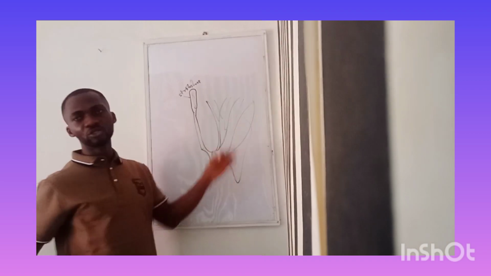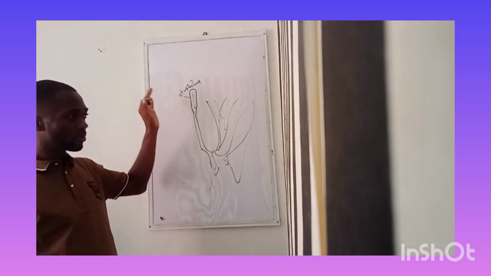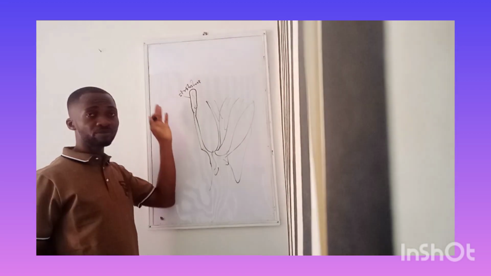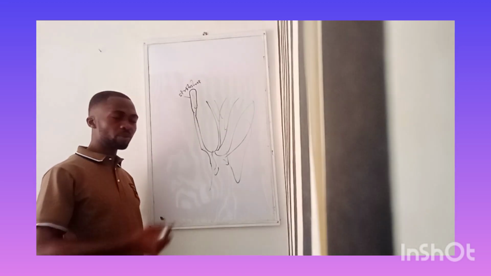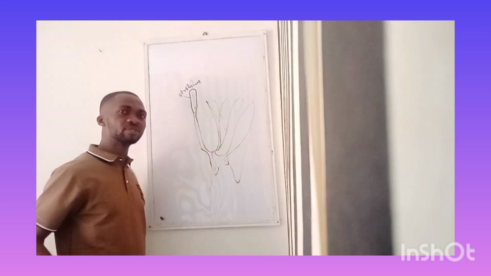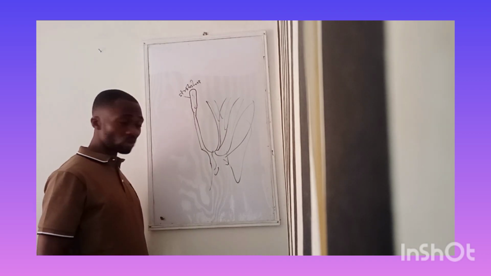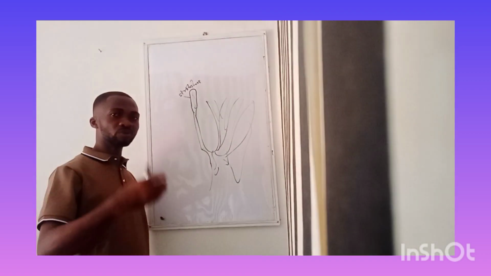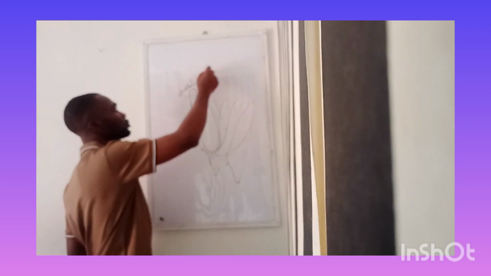Then this one is the branched shoot. This unbranched shoot is reproductive in function. That means this is the one that produces the spores. But it is short-lived. It does not live so long. Once it is done producing the spores, then it dies off. That is why it is said to be short-lived.